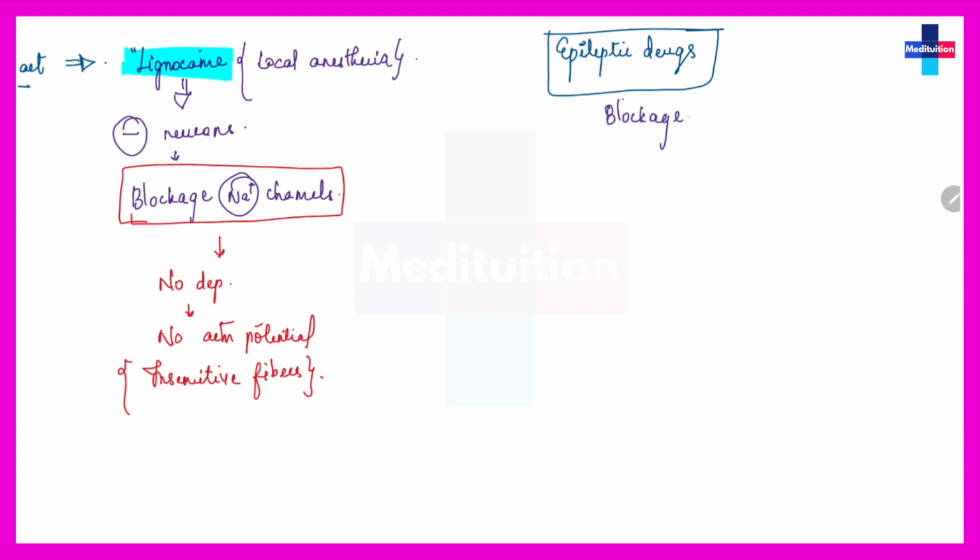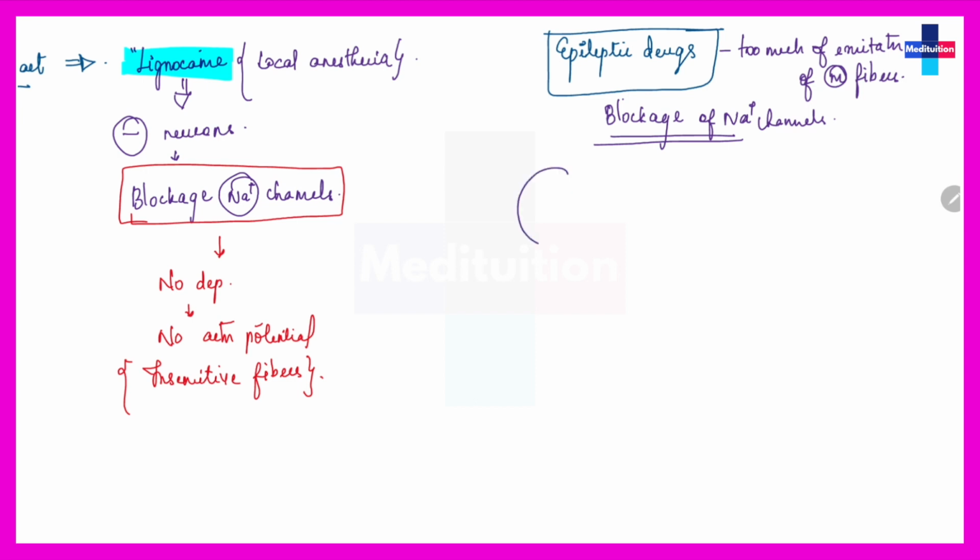Basically, what does epilepsy mean? There will be too much excitation of muscle fibers, right? So when this too much excitation happens, we have to inhibit it. So this inhibition makes the blockage of sodium channels.